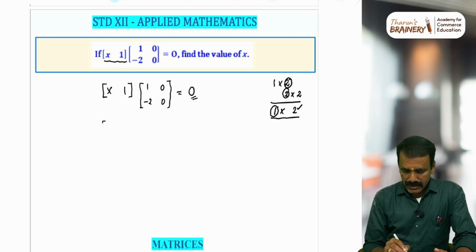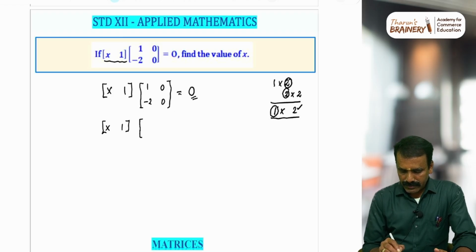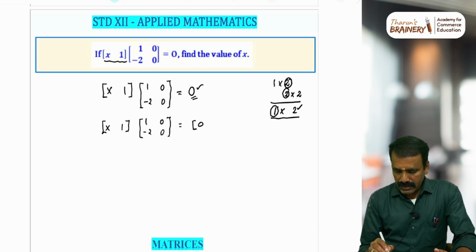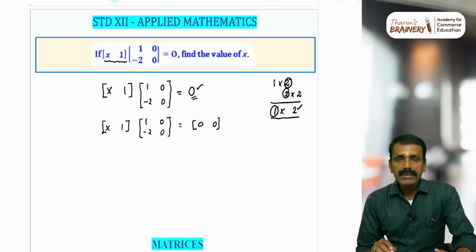This is the first thing we have to note during the product. So we must write this in matrix form. This is a null matrix. What is the order of this null matrix? The order of the null matrix is 1 by 2, so it is going to have only 1 row and 2 columns. Because it is a null matrix, all the entries are going to be equal to 0.